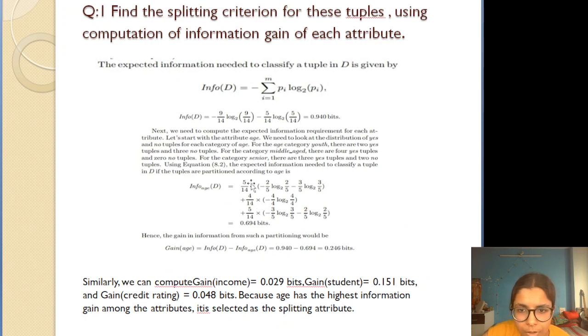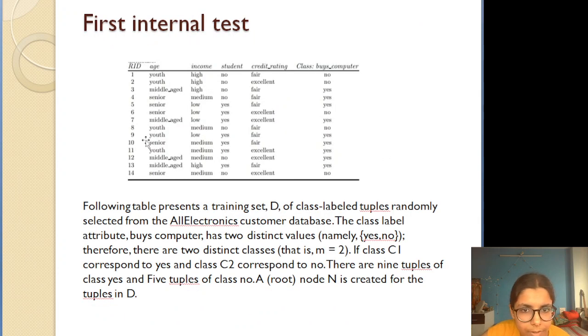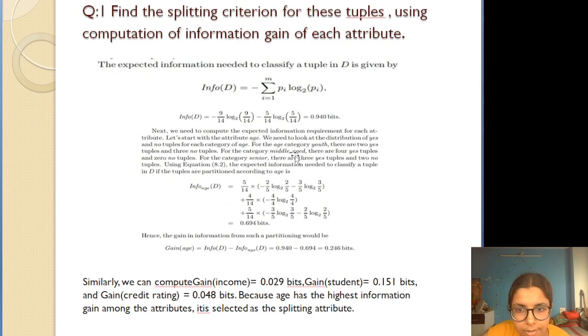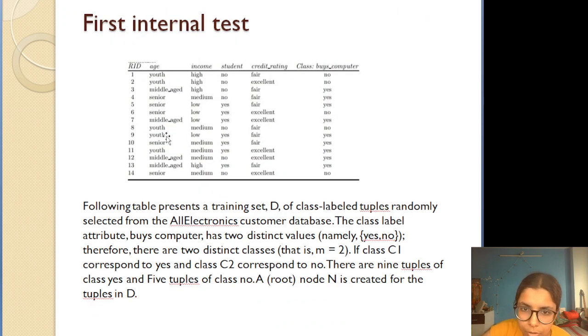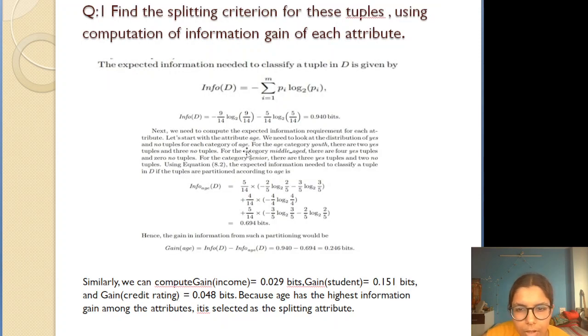Okay, so for age category youth there are two yes. Okay, so when we had youth we had two yes and three no's. Okay, so it is written here that for middle age there are four yes tuples and zero no tuples.